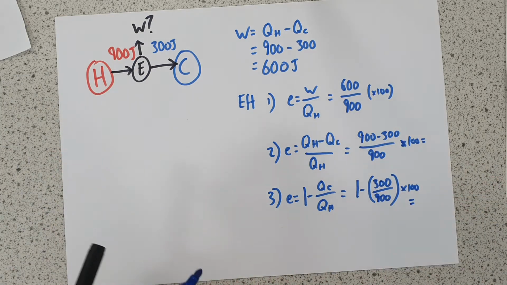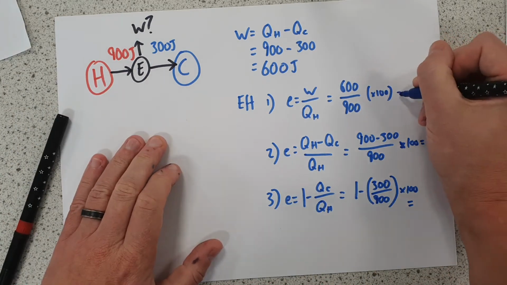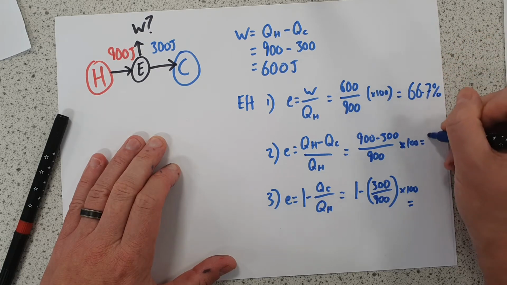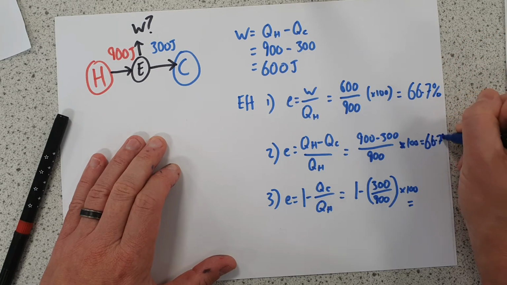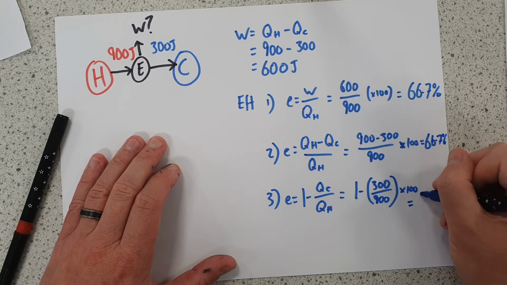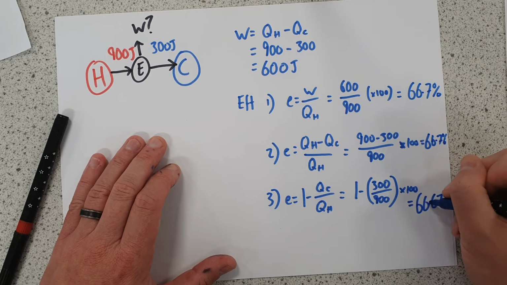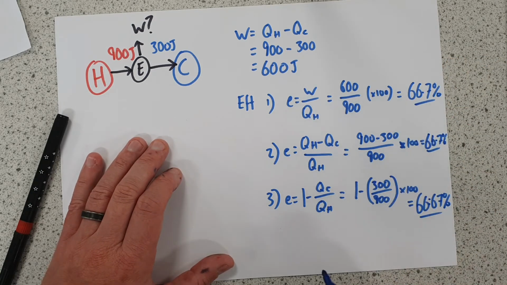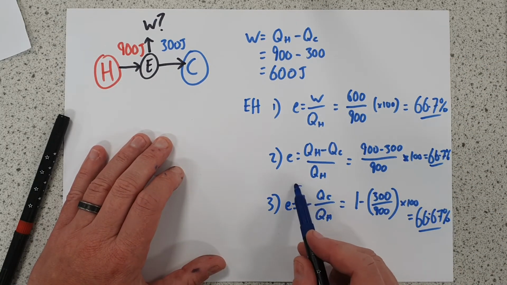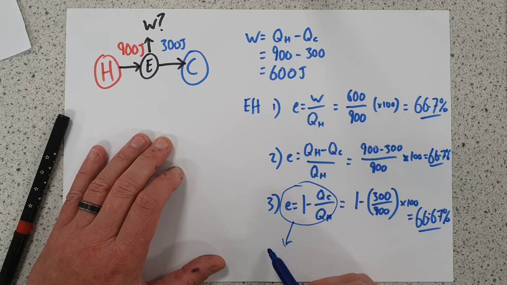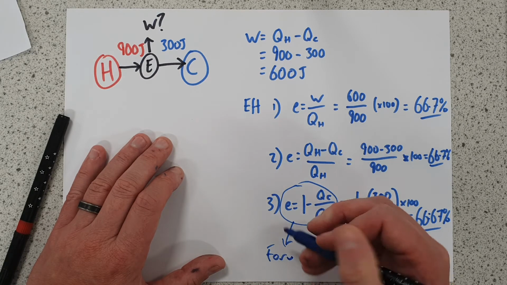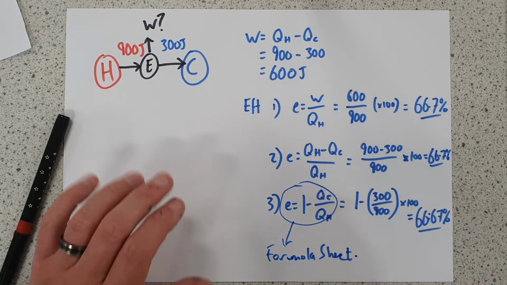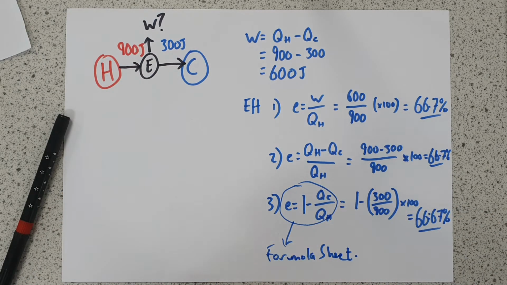In any one of these, you will end up with the same answer. So it doesn't matter which way you do this, but this is the one that is given to you on the formula sheet, and you need to be comfortable with using. Okay, but they all give you the same result.